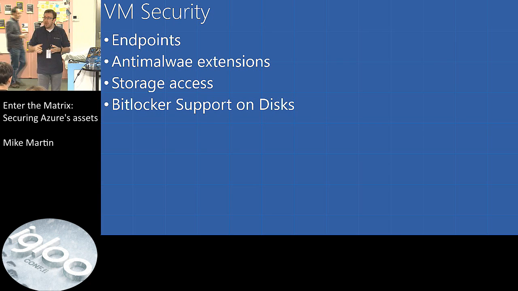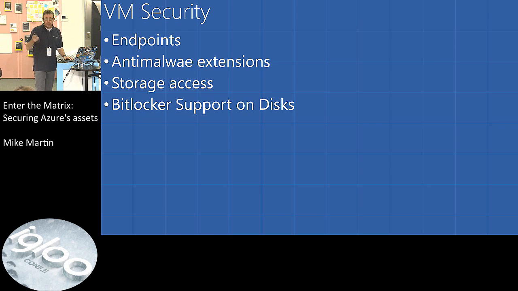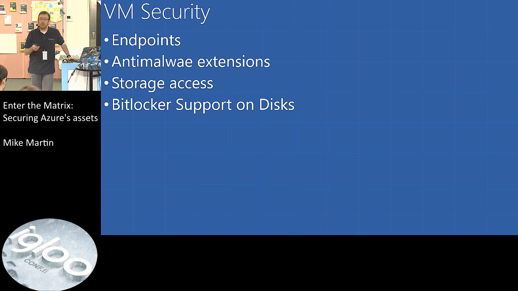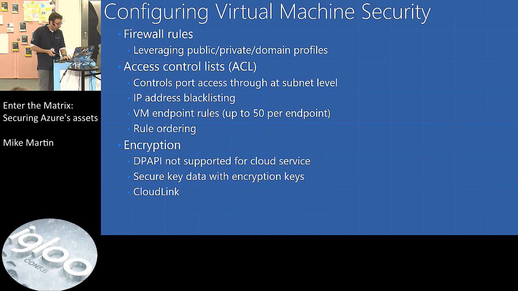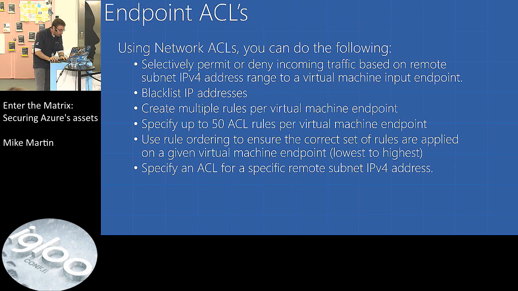Anti-malware extensions, which come in a large choice, right? We have all the major market leaders, but as I said, if you don't have one of those, use the Defender or the Antimalware by Microsoft. It really, really works. Storage access and BitLocker support on disk is now fully supported.